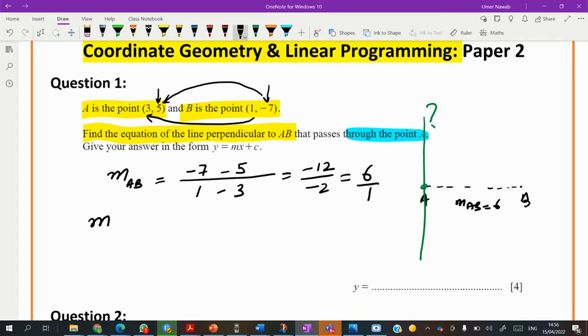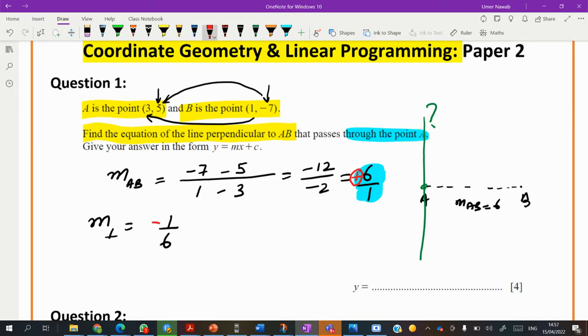Now, if I want to find the gradient of a perpendicular line, there are two things. You need to take the reciprocal of 6 over 1, which is 1 over 6. And the second thing is the sign: if it has a positive sign, you have to change it to a minus sign.